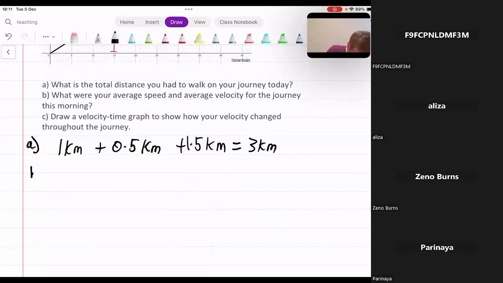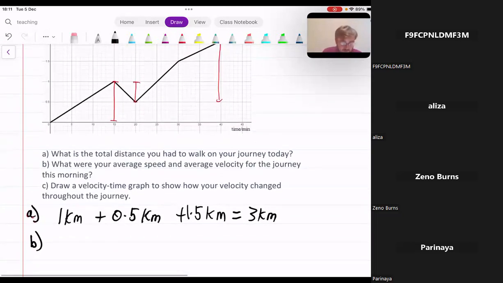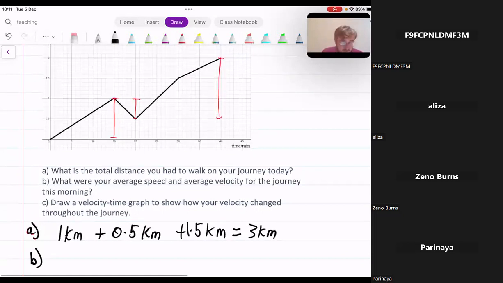Okay, so let's look at our average speed. The next question is, work out your average speed and velocity for the journey. So we see that here we're going forwards, then backwards, and then we go forwards again, but we go faster at the beginning and then slower at the end.